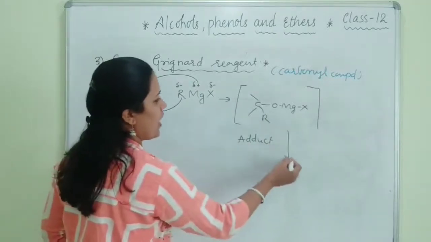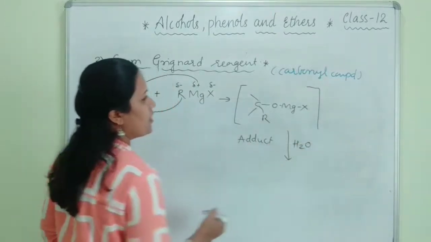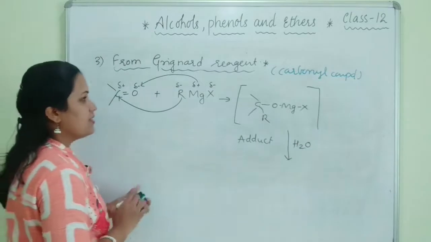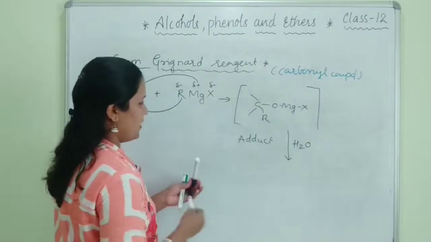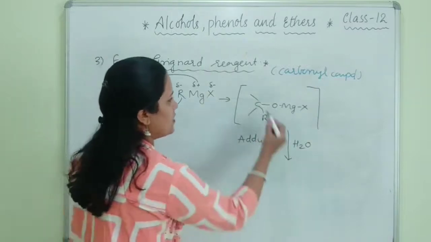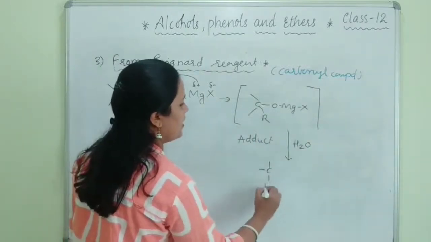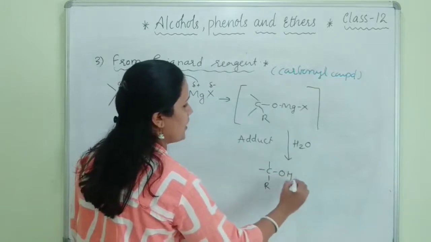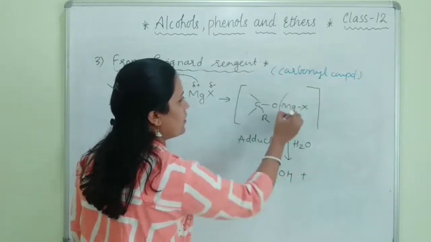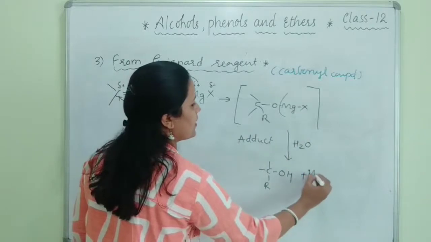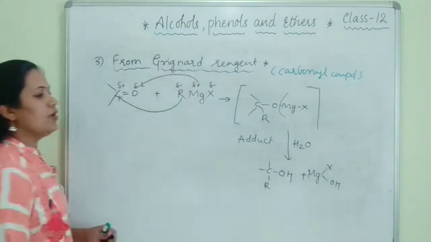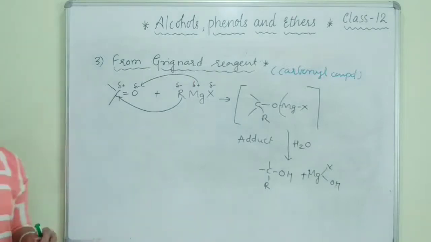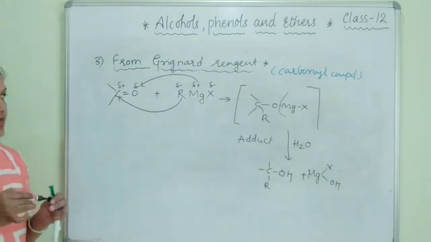And when we do hydrolysis of it, the product is R, then OH, and it breaks down to give MgX and the OH. So this is actually the mechanism of the Grignard reagent.